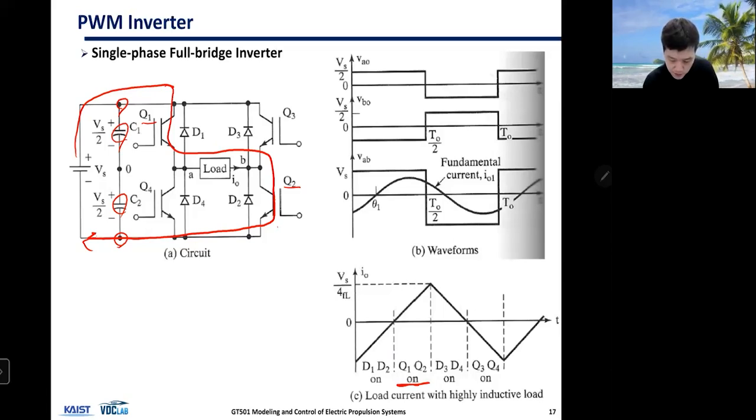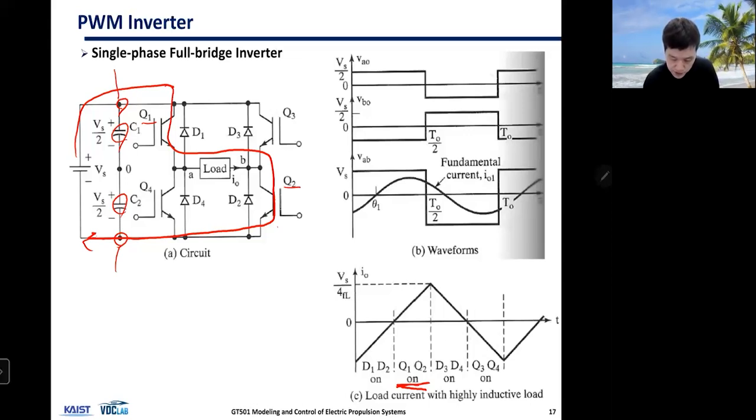Anyway, so if you have Q1 and Q2 closed, then you have this current flow, and during that time, this voltage across 2 points will start increasing, and current will flow through the load.